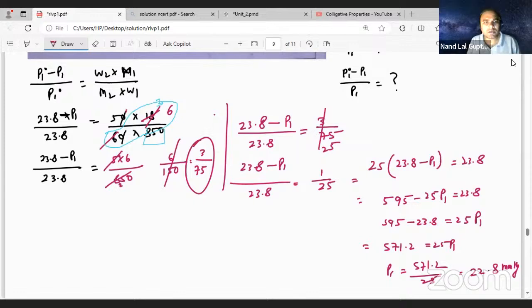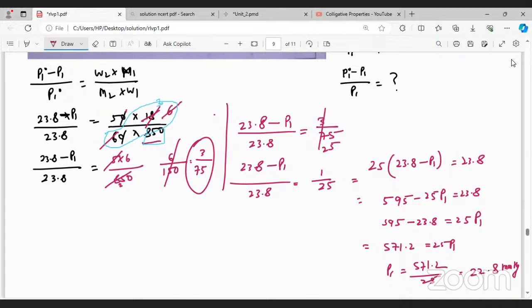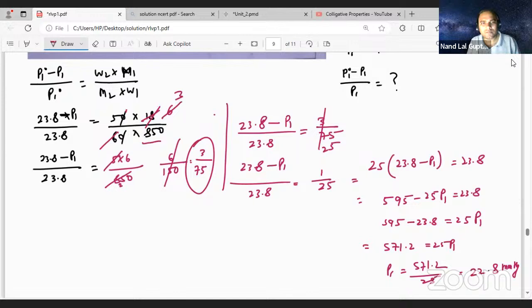I think I made a mistake. 50 upon 60, 850 is as it is, I think. So it should be as it is. It should be 3, no? Yes, this should be. Let me check the answer. 23.4 answer is coming, 23.4.